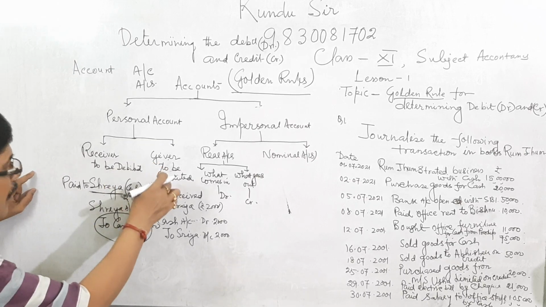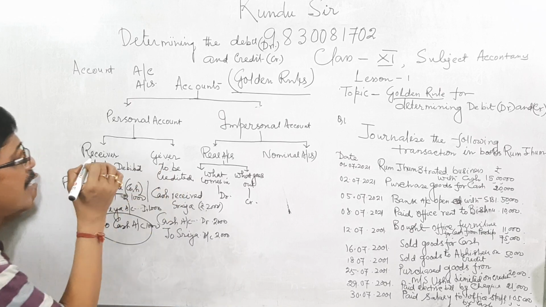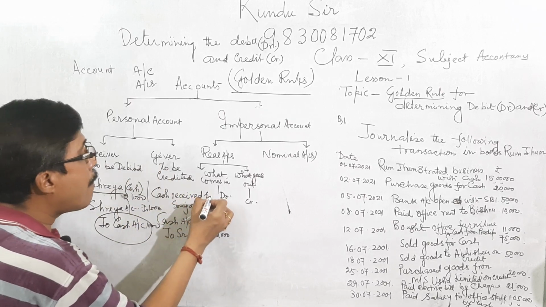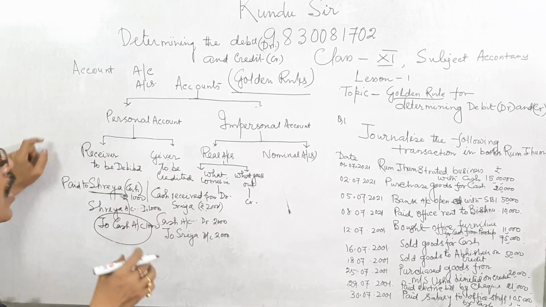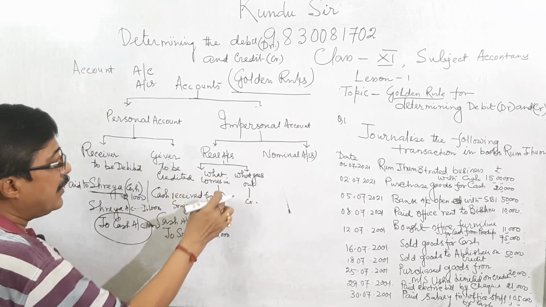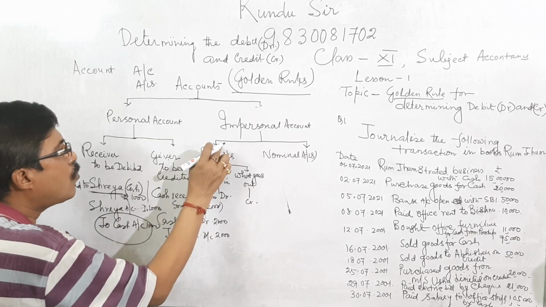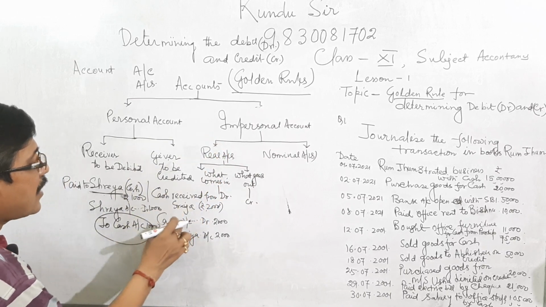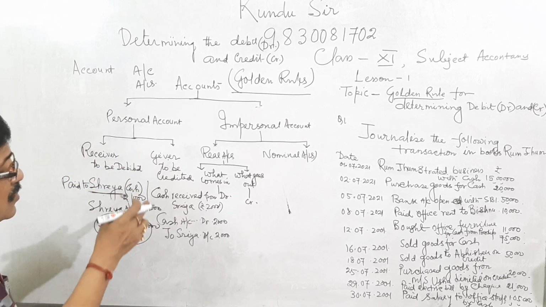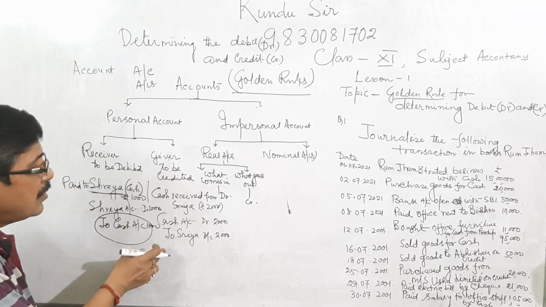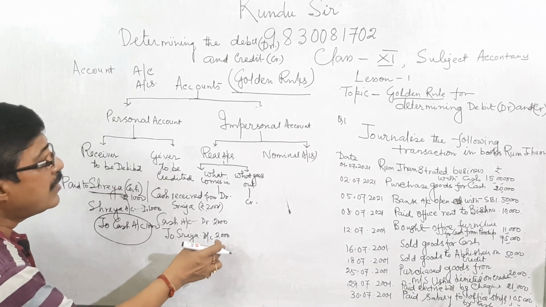And now another entry, cash received from Srija. We are receiving cash, so what comes in is debit. It is a real account, so cash account debit. And who is the giver? Srija is the giver here, so Srija account credit.